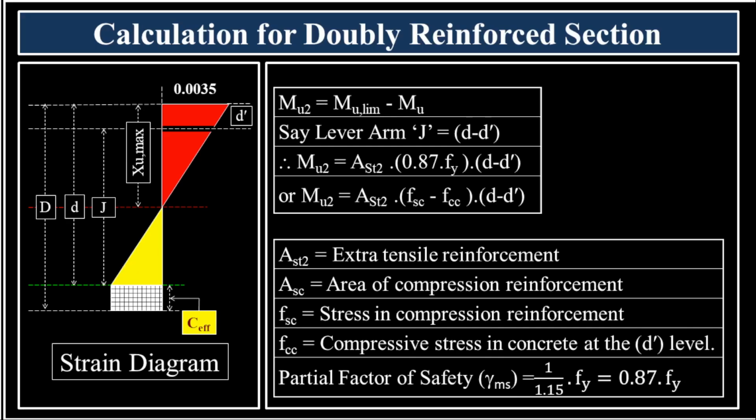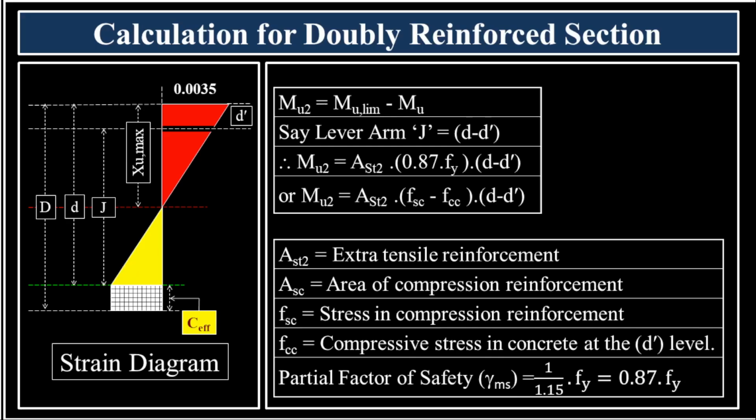This is the portion of the total moment that the concrete alone cannot resist. This excess moment is resisted by an additional internal couple, primarily formed by the compression steel and extra tension steel. The lever arm for this additional couple is the distance between the compression steel and the main tension steel. Here, we denote this lever arm as d minus d'.